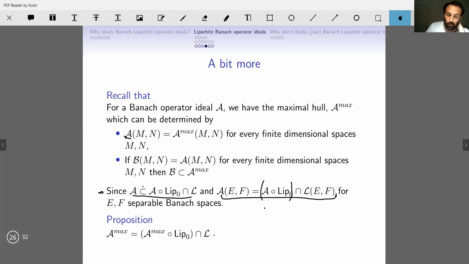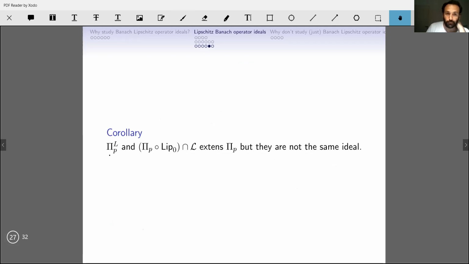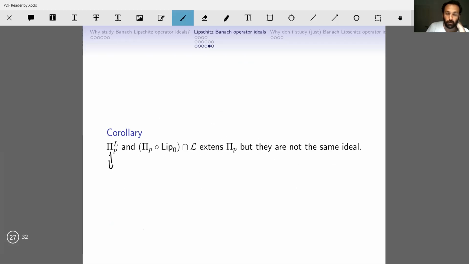We can see that if we take a maximal Banach operator ideal, then this A composed with Lipschitz operator ideal always extends A. So as a consequence, we know by the Farmer-Johnson result that this ideal extends pi_p of p-summing operators.